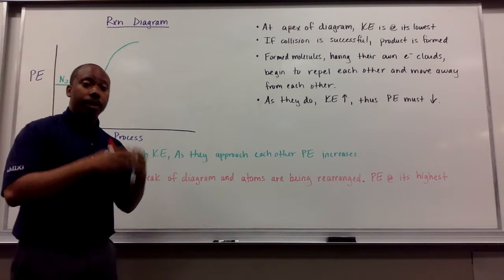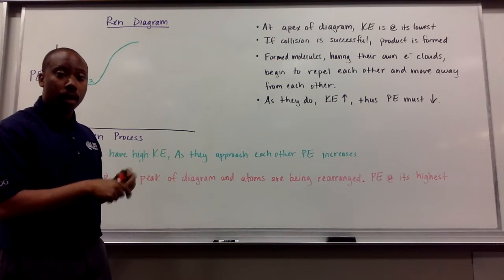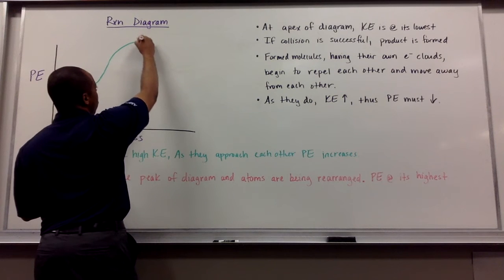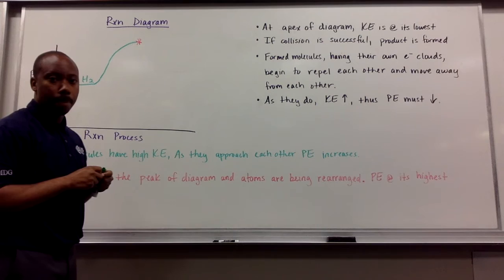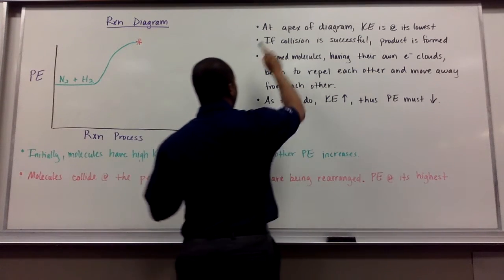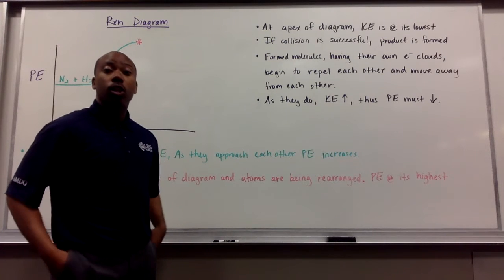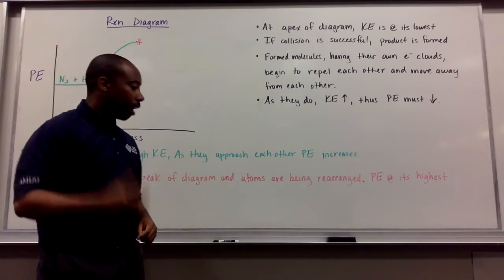That's when you form your activated complex and the atoms rearrange to begin to form your products. This is when potential energy is at its highest point. At the apex of the diagram, that's when kinetic energy is at its lowest point. You have mostly potential, not much kinetic.